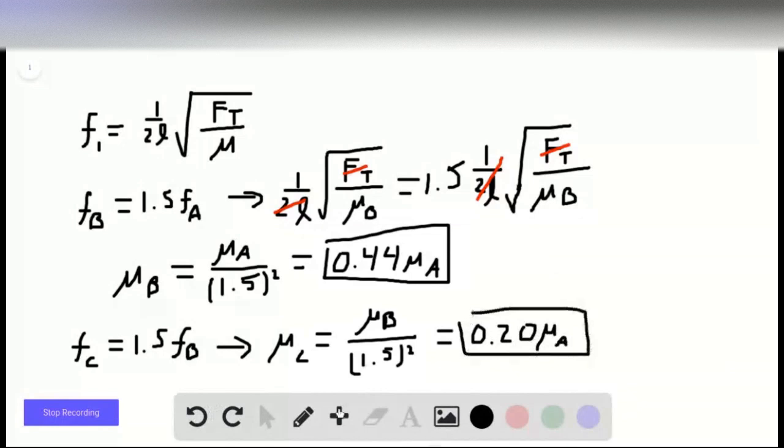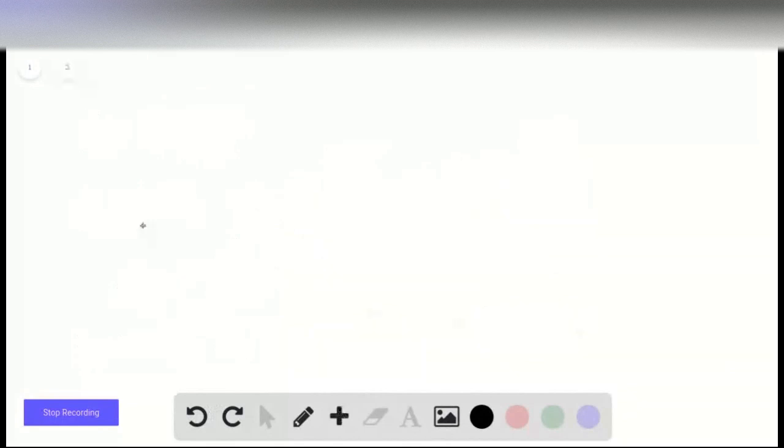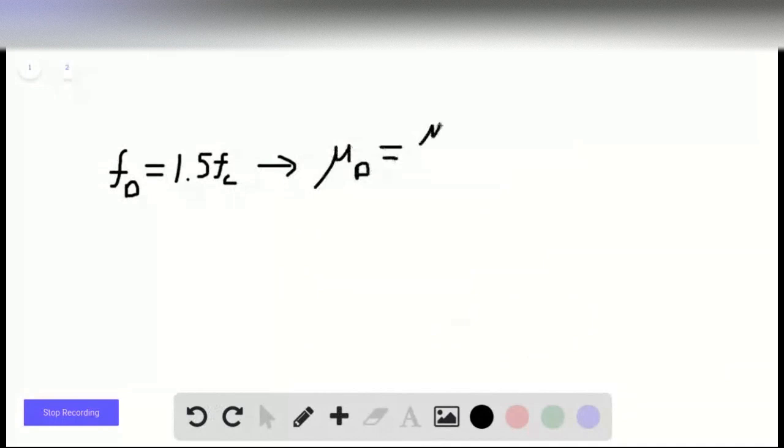And then for the last one, again, we have F sub d is equal to 1.5 times its neighbor, which is the frequency of C. Using the exact same logic, we're going to end up with mu d equal to mu c divided by 1.5 squared.